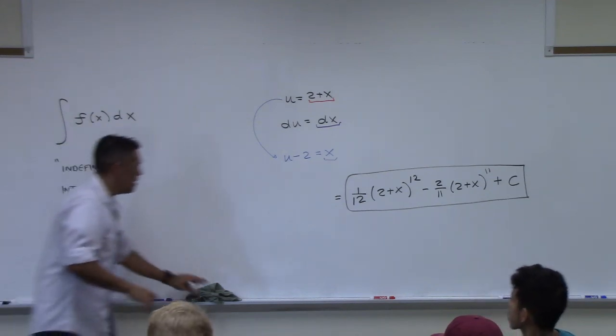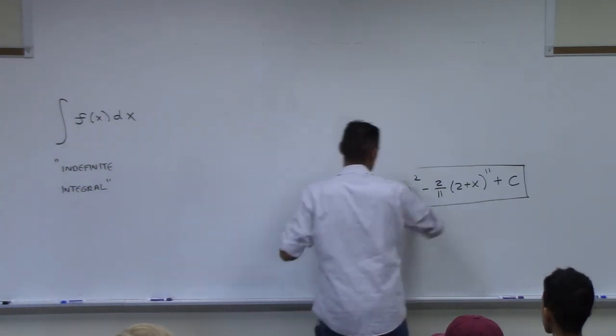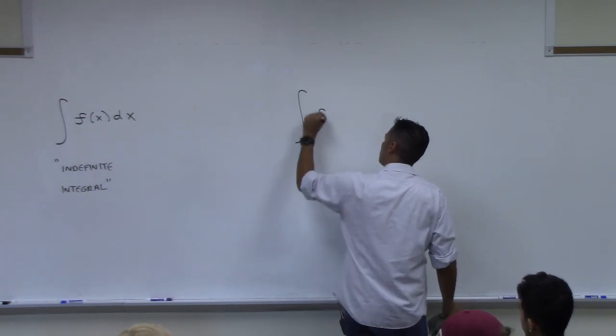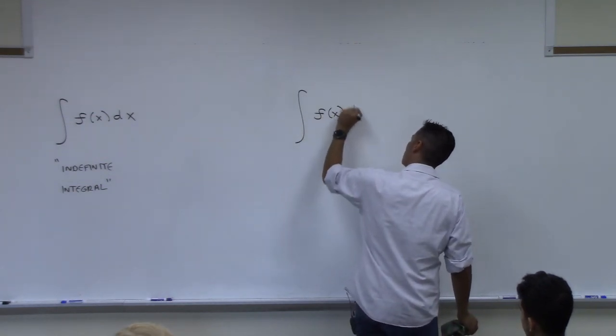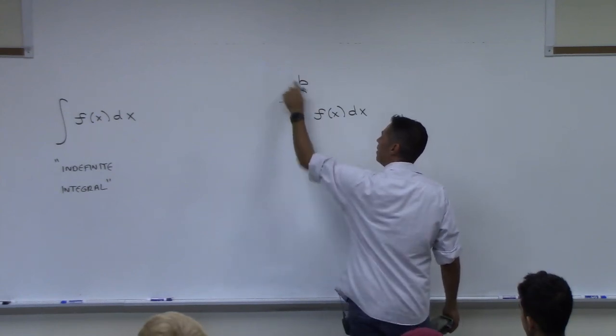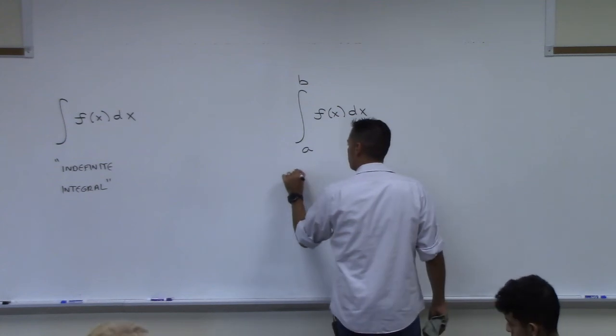Now, we compare that to this, which we have not talked about, but that's what we'll do next class. If we take that same notation and put a number here and a number here, this is called the definite integral.